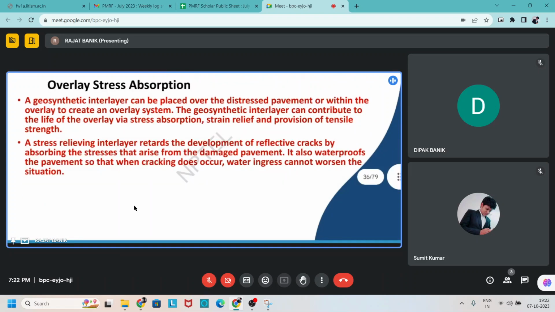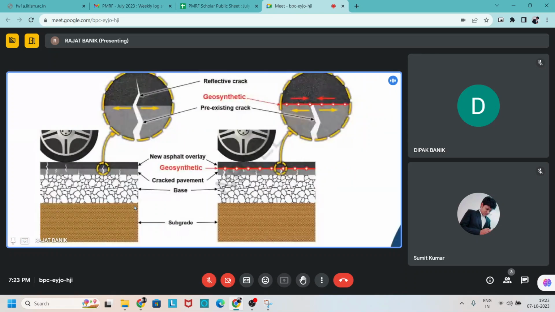If we use the coating layer on the pavement, we can reduce the propagation of the crack due to the road. And this geosynthetic is used as waterproofing of this pavement, that means it cannot allow the water to seep or infiltrate into the base material or subgrade material. By this way we can prevent the failure of the level of the surface road.